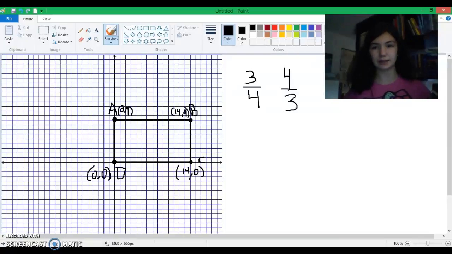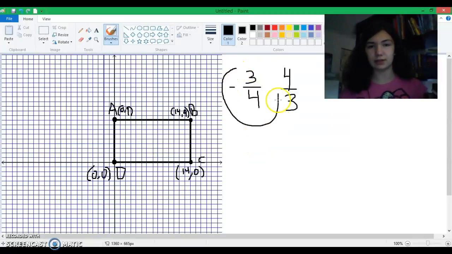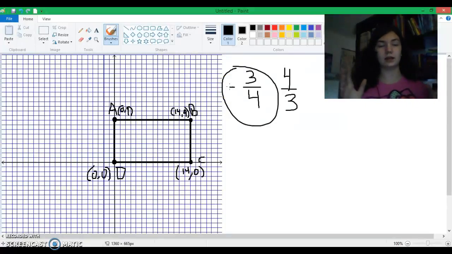And that would make an expansion of the dilation. The dilation would expand. Now, what if we had a negative 3/4? The negative does not determine if the after image or the dilation becomes bigger or smaller. It does not affect that at all. What it actually does is determine if the pre-image will flip as it dilates.